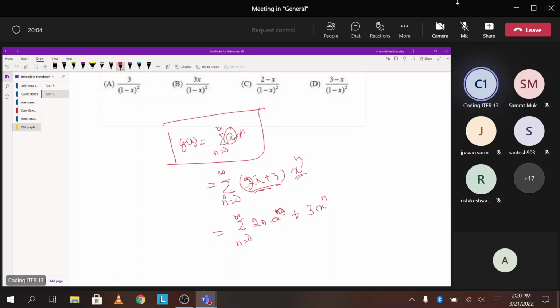Okay, then this becomes summation n equals to 0 to infinite, 2 we can take outside, n into x to the power n, plus 3 common, x to the power n. Okay, in this way. Now try to solve this term.